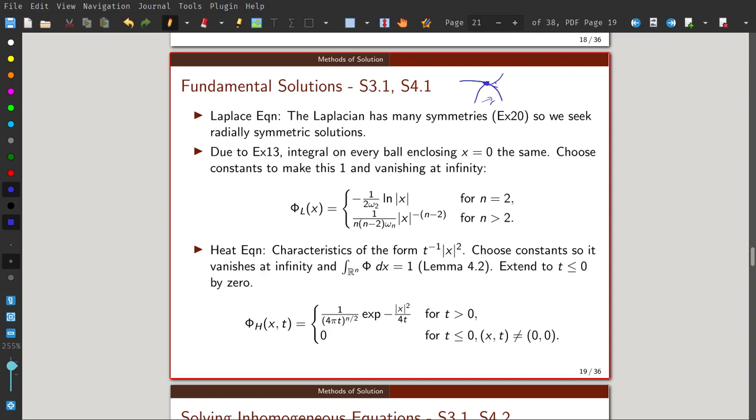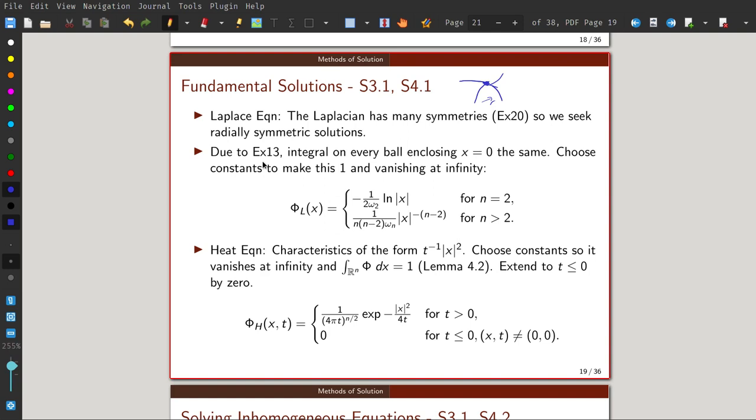In particular, we know from exercise 13, or more generally from the mean value property, that on every ball enclosing 0, the integral on the sphere has to be the same. Because by the mean value property, increasing the spheres does not change the value of the mean integral over that sphere.